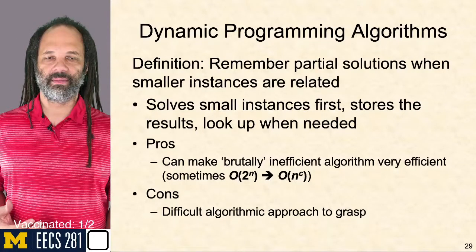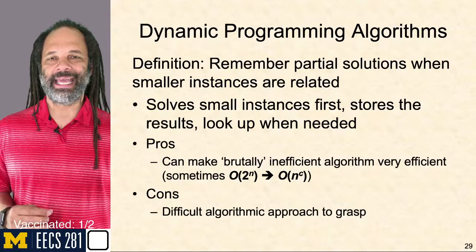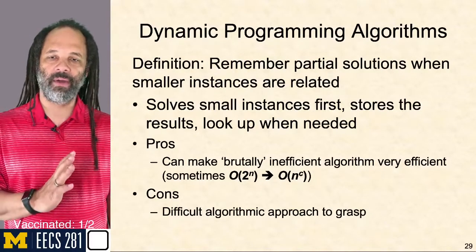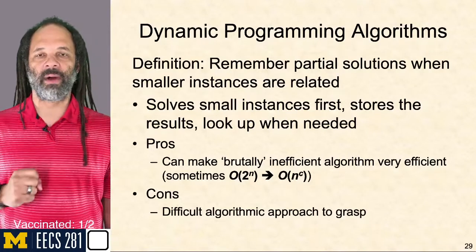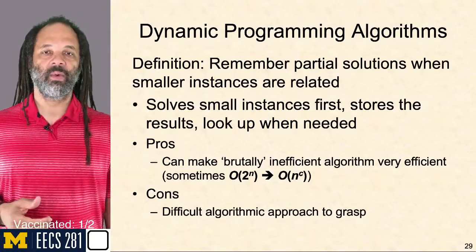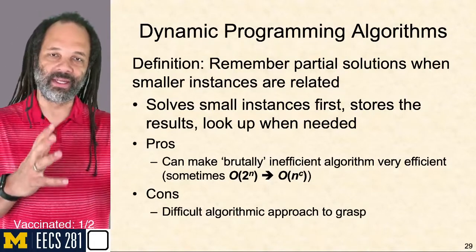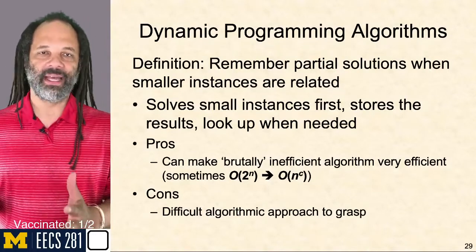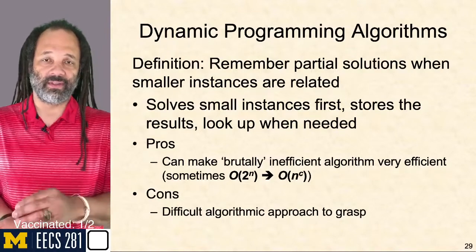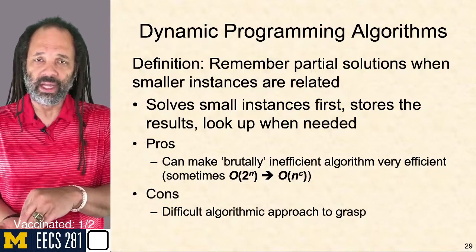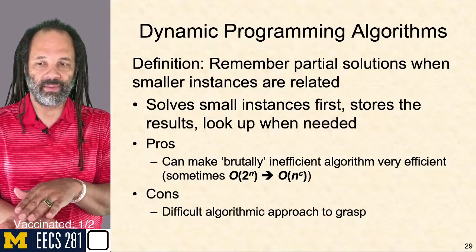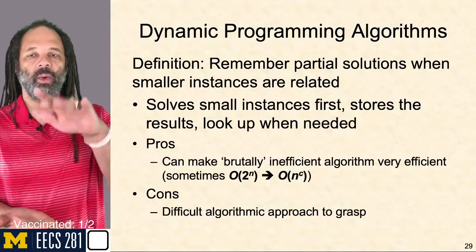So in the end, we can do dynamic programming top down and bottom up. No matter what though, we're still always going to solve the small instance first, because that's the only way we can do it. We can't solve a bigger instance and then say, well, from this I can decide that the smaller instance works like this. You have to solve the small one first. So if I'm going bottom up, that's really obvious because I'm looping from small all the way up to big.